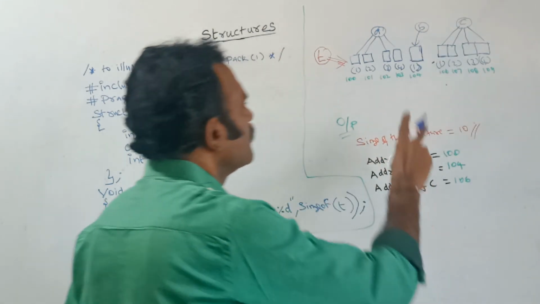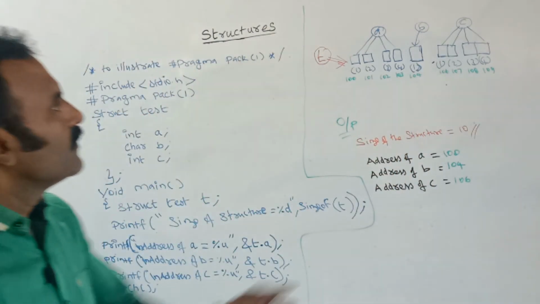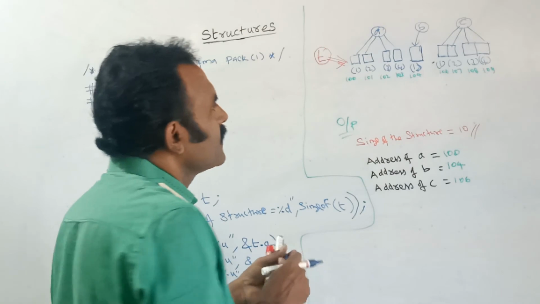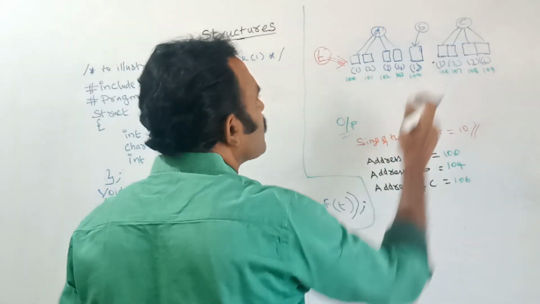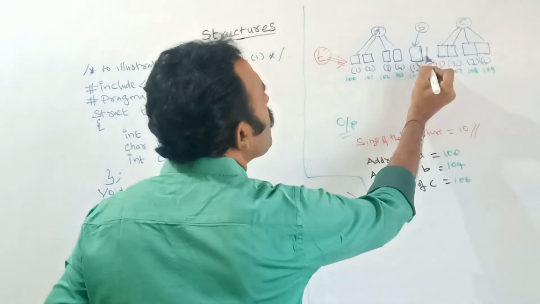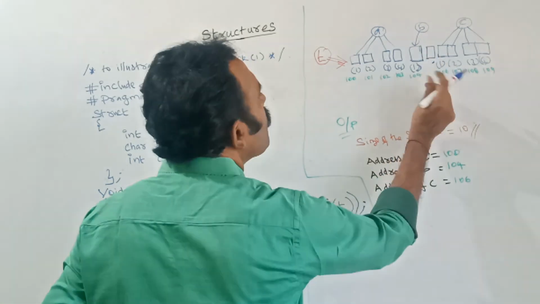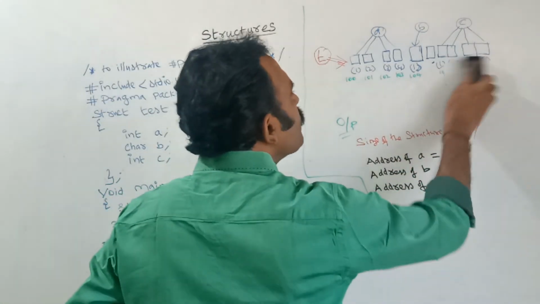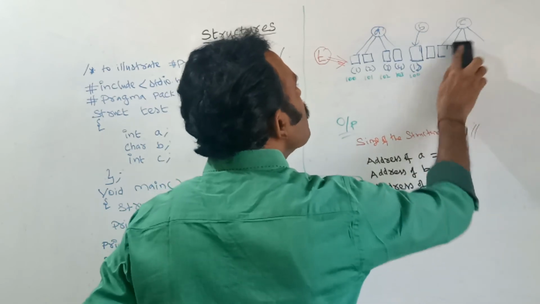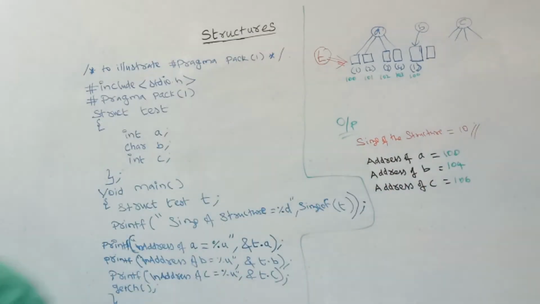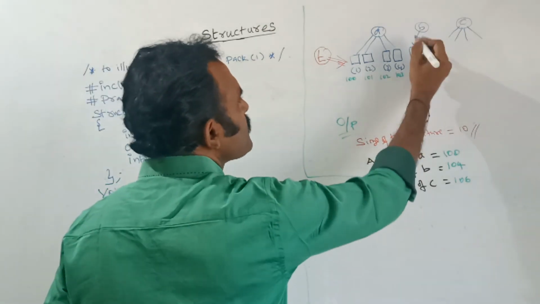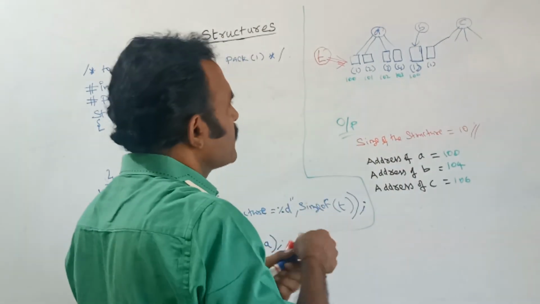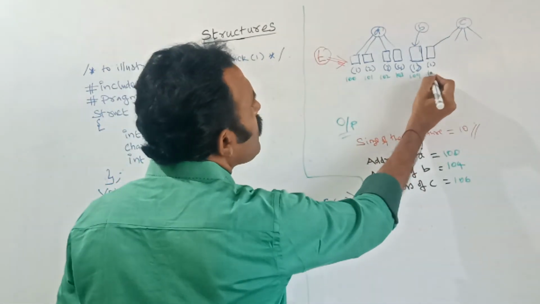See here, listen carefully to this one. Now where will C be started? The starting address of C will be next to this B. Here 1 byte is allocated for B, so the next starting address will be 105.